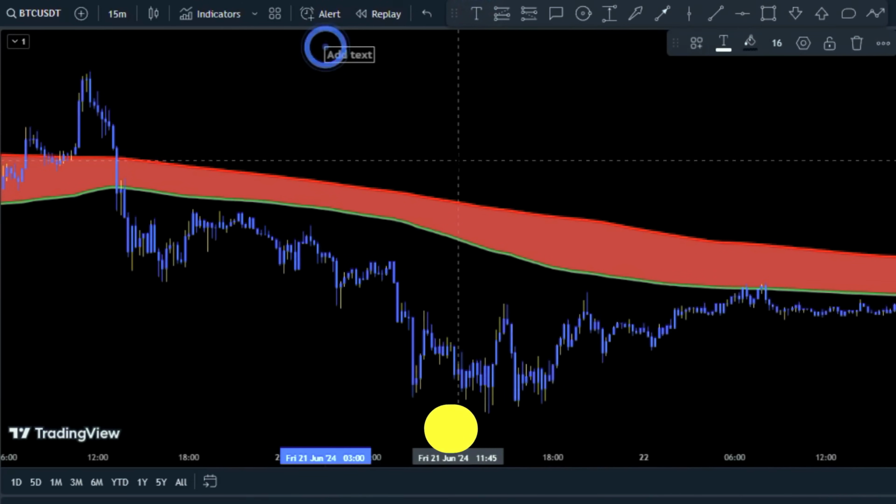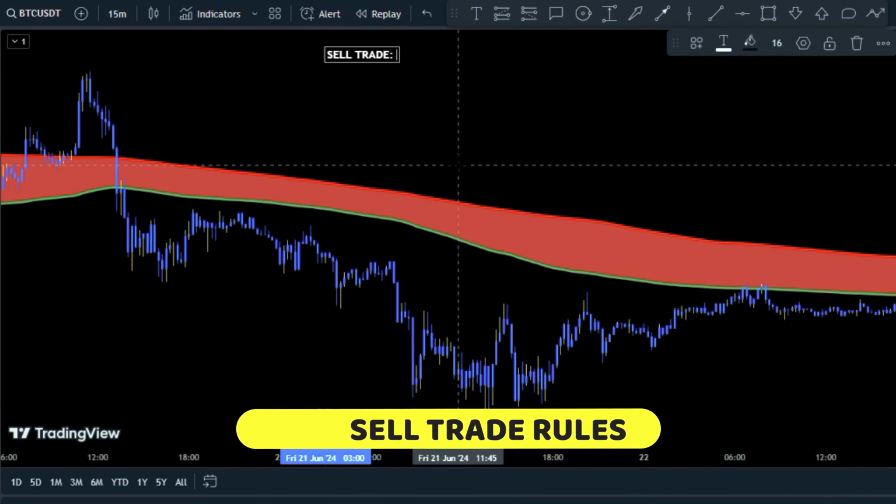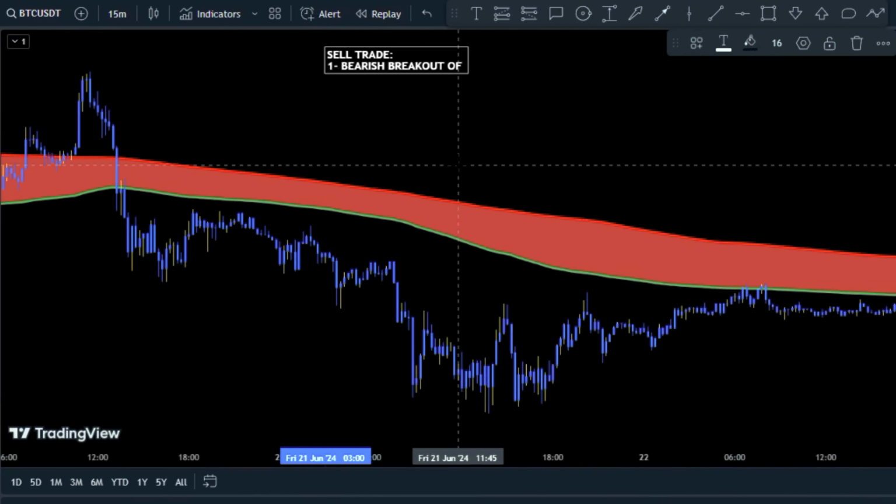So, for sell trades, identify a bearish breakout of a zero level on the TTF oscillator, indicating a potential downward trend.